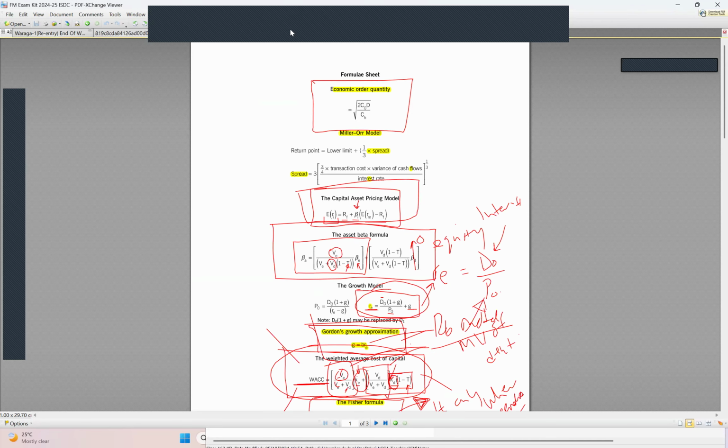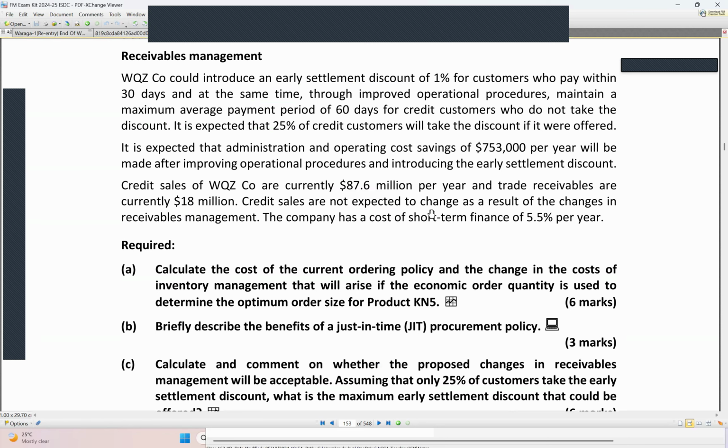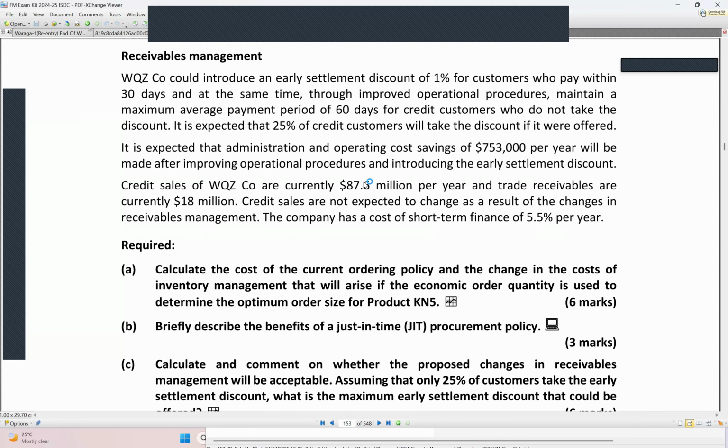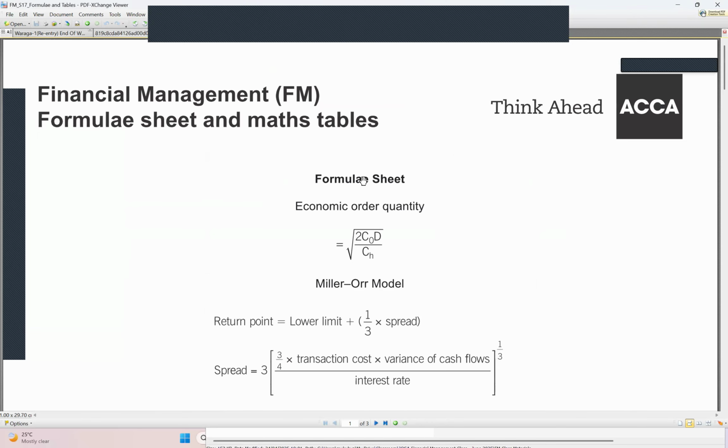We do have a formula sheet, and the very first formula on there is the economic order quantity, and it's what they're telling us to use.